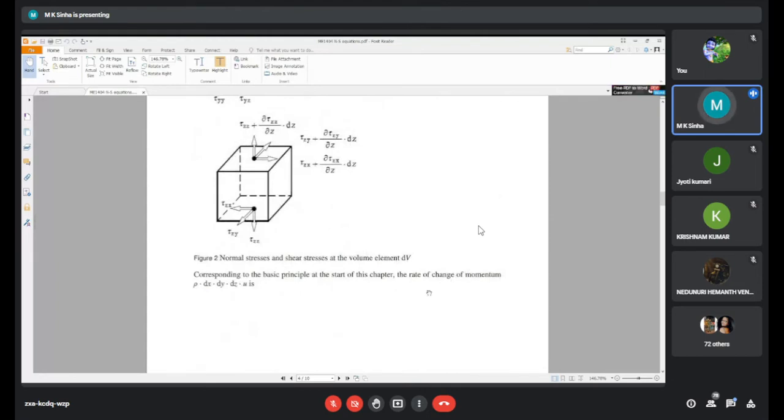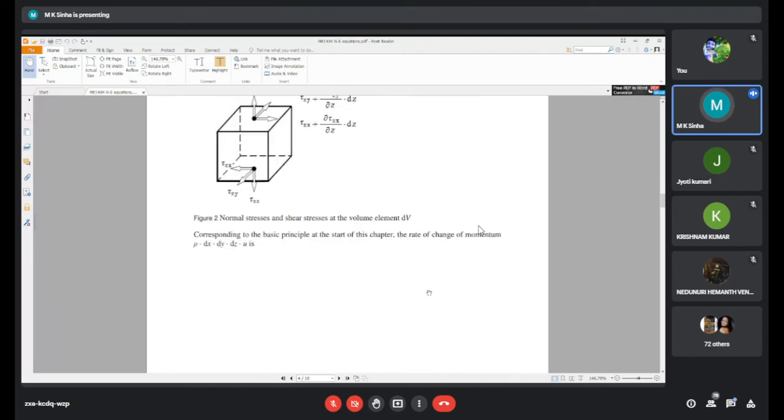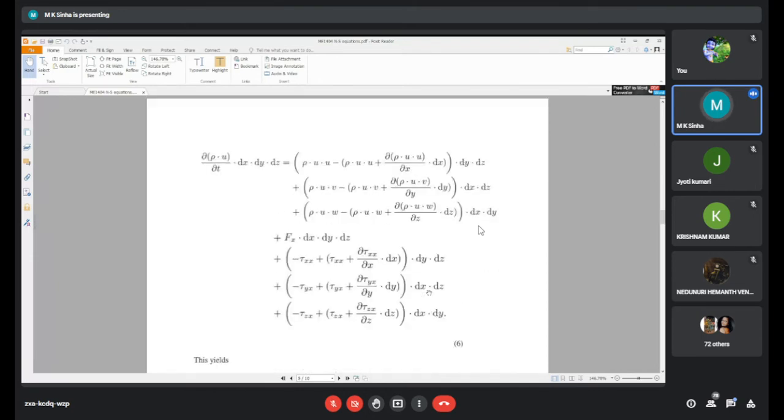So here the change of momentum is del by del t of rho u into dx dy dz. This is our left side.